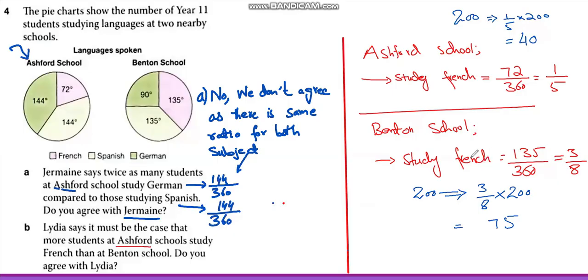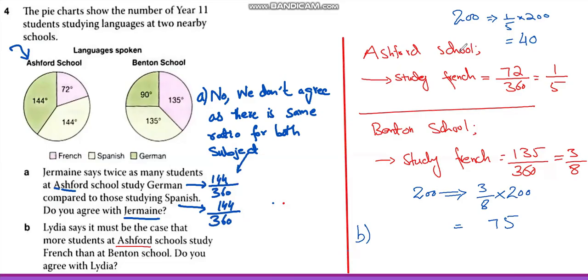Look, even considering the same number of students in both schools, we don't get more students in Ashford School as compared to Benton School. So we can give the reason that it is not a must that we get more students at Ashford School who study French than at Benton School.